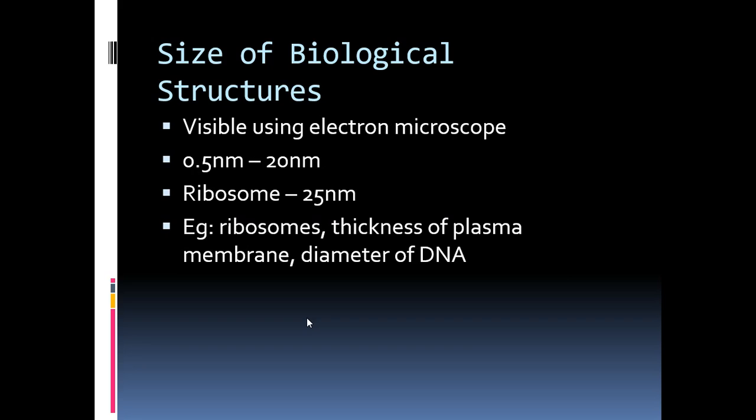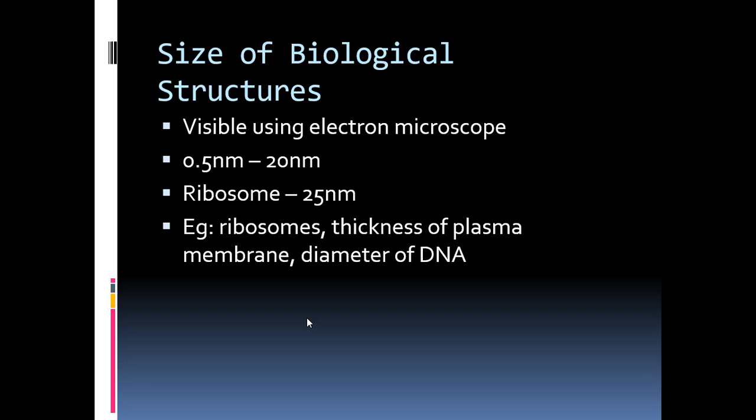So what if you want to observe a structure or an object which is much smaller than 0.2 micrometer, which is the size that can be observed using the light microscope? Because in reality, a lot of structures inside the cell will be much smaller than 0.2 micrometer.